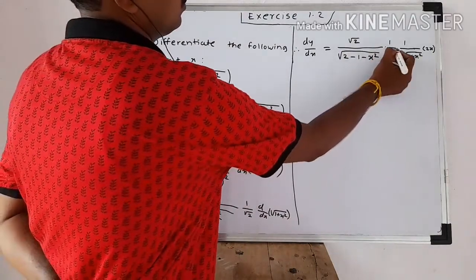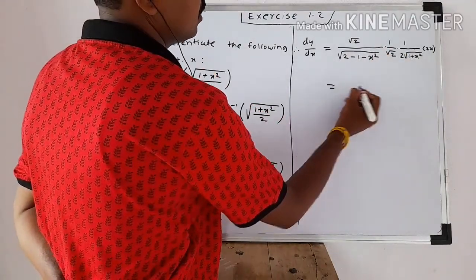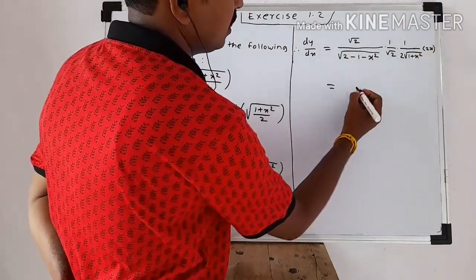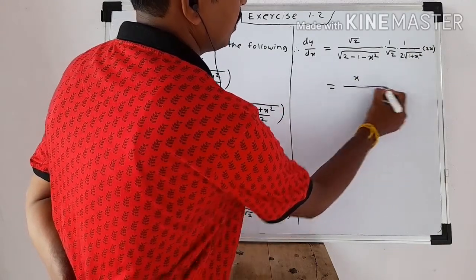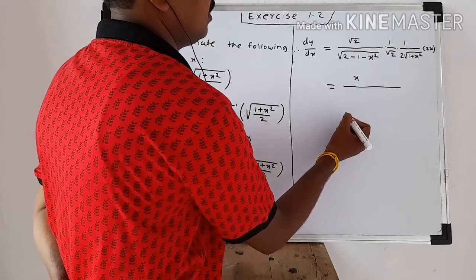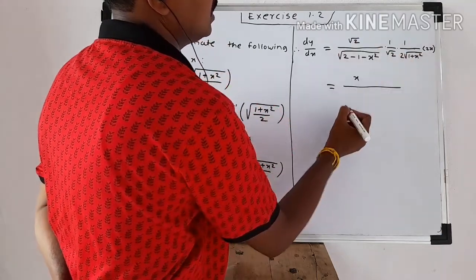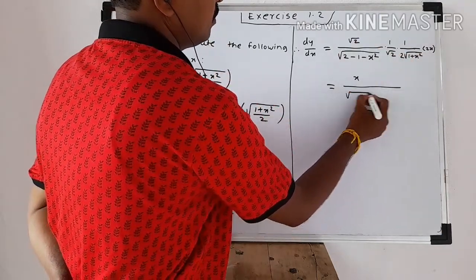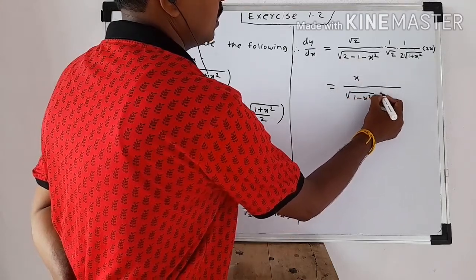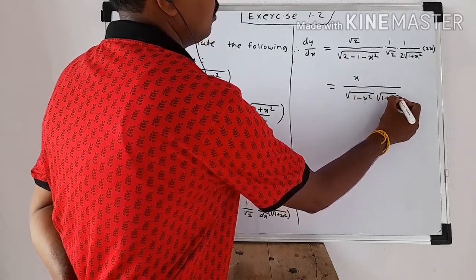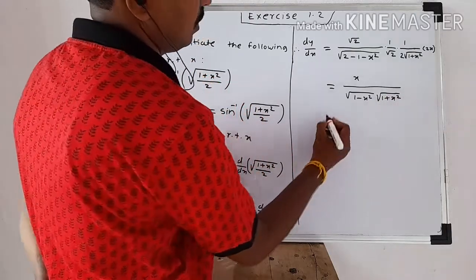Now root 2 will get cancelled, 2 will get cancelled. Therefore here we get x divided by the first term in root sign, 2 minus 1 minus x square. The second term in root sign will be 1 plus x square.